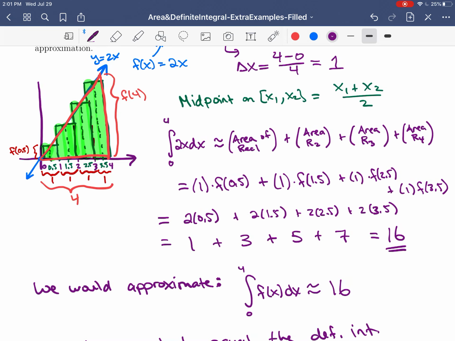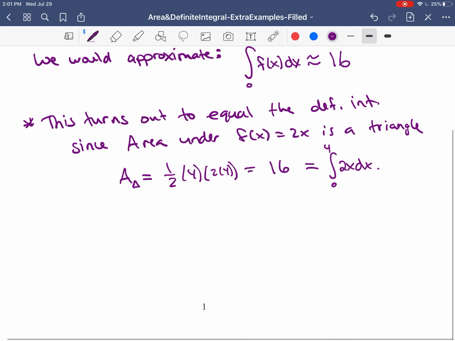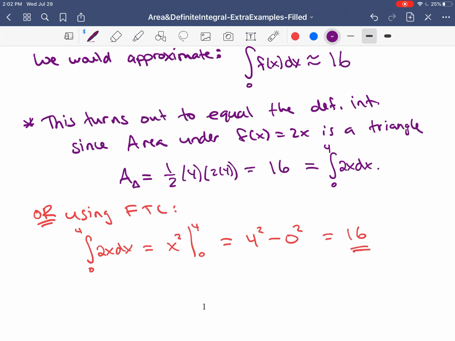Or, now that we know the fundamental theorem of calculus, you could use that as well. Let's just do that for practice. Using the fundamental theorem of calculus, the integral from 0 to 4 of 2x dx is x squared evaluated from 0 to 4, which is 4 squared minus 0 squared, which is again 16. So you get the same answer.